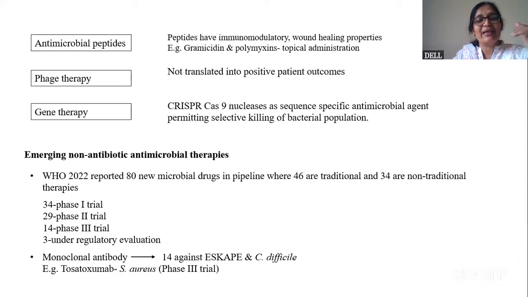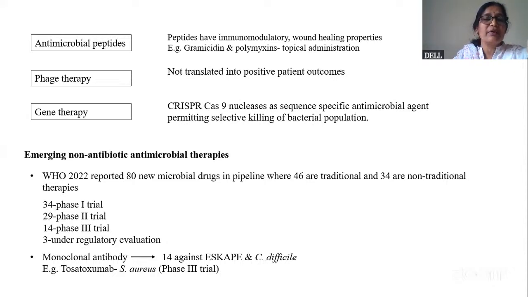But already 3 are under regulatory evaluation, and we hope they will come to market at the earliest. And apart from this, monoclonal antibodies are proving to be the best aspect for treatment of these antimicrobial resistant bacteria, especially the ESCAPE organisms and Clostridium difficile.